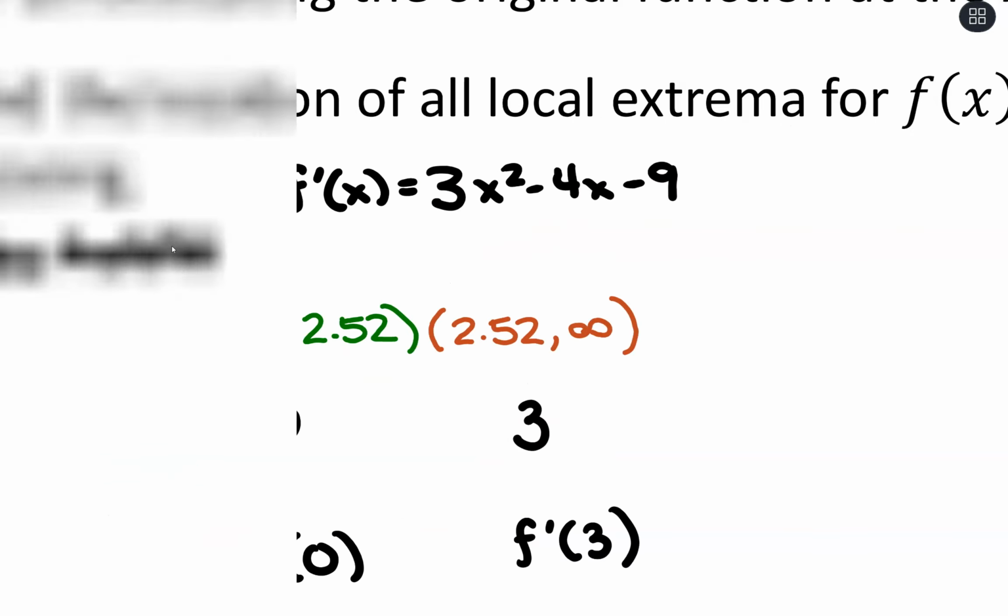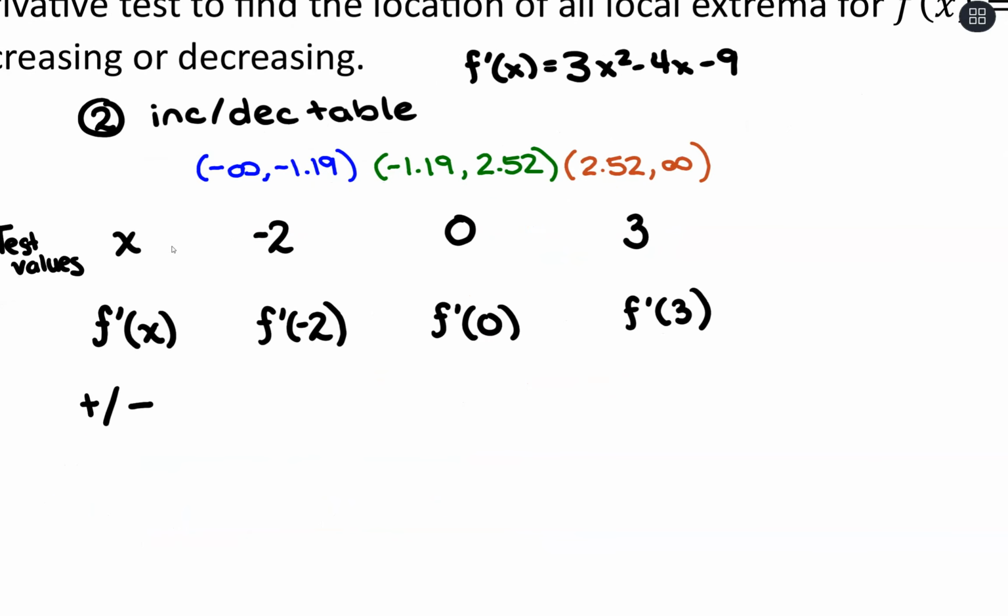I'm getting a positive value out. And you could also throw this into a calculator to make sure you're on the right track with them. That's going to be positive. If I plug in 0, I'm getting a -9 out, so that's negative. If I plug in +3, let's see, a 27 minus 12, and then -9, that's going to stay positive because they're big enough.